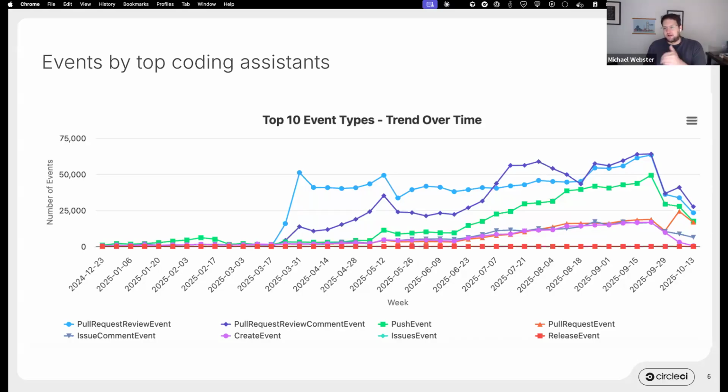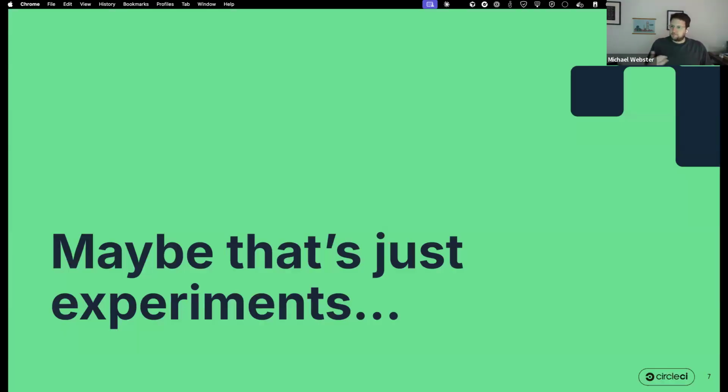That knife edge you see at the end of the graph is data recency. But these agents are now writing about as much code as they are in some cases issuing comments and pull requests, depending on the week.